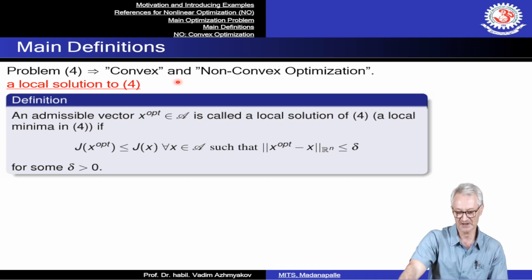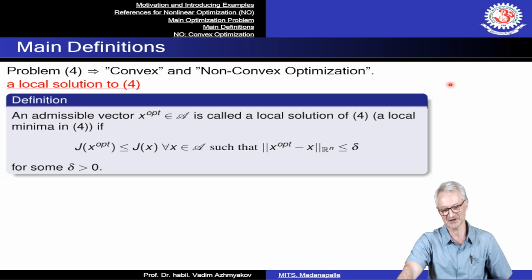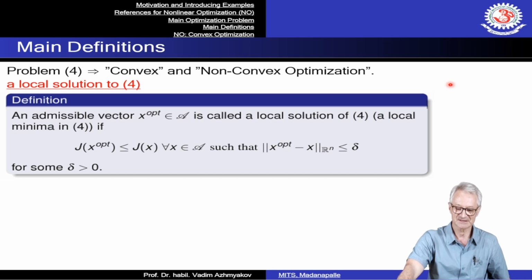Therefore, we consider firstly convex and non-convex optimization. Let me note that this division into convex and non-convex optimization is the next possible classification. One can consider, for example, a dynamic stochastic problem that has convex or non-convex structure.